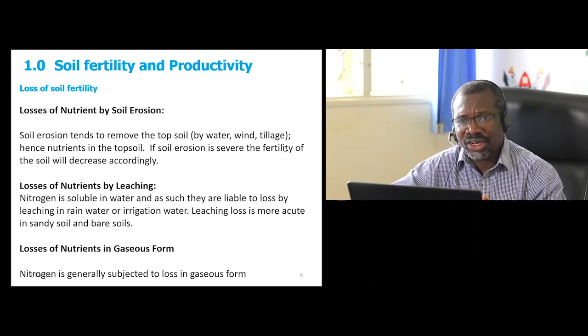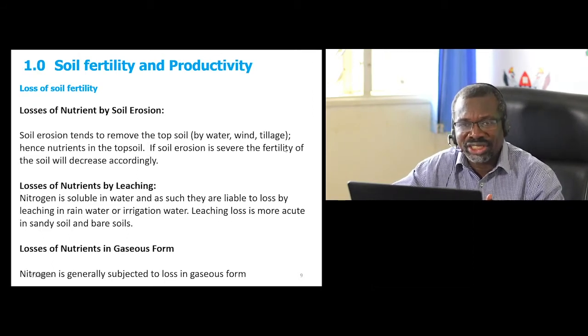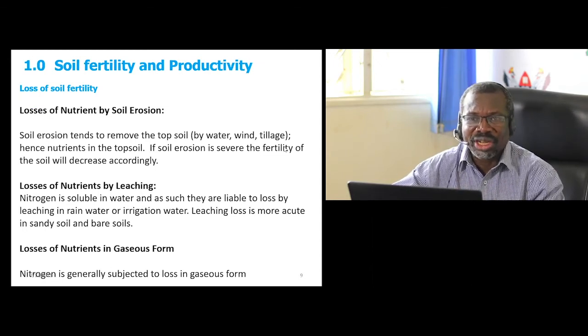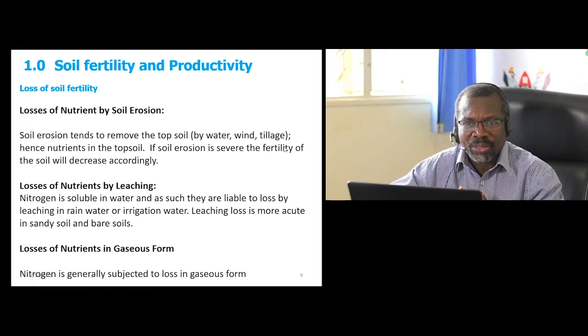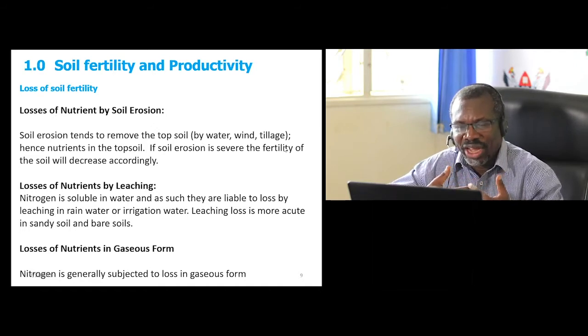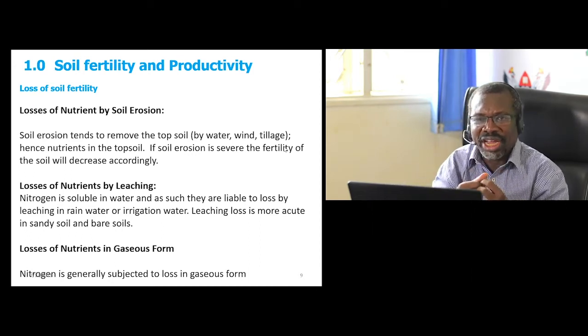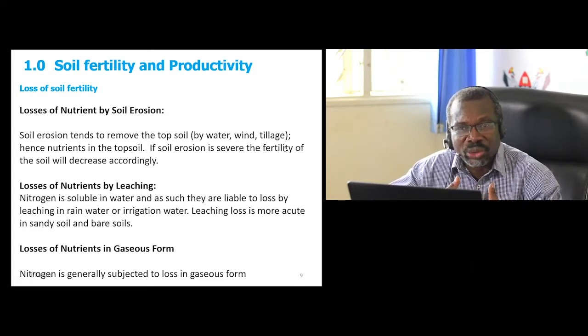Erosion, of course, we know erosion is very selective and basically targets the finest particles in soil, and those finest particles have the highest particle density or surface area, and the fact that they have the highest surface area actually means those particles have the highest interaction with the nutrients, so the highest concentration of nutrients.